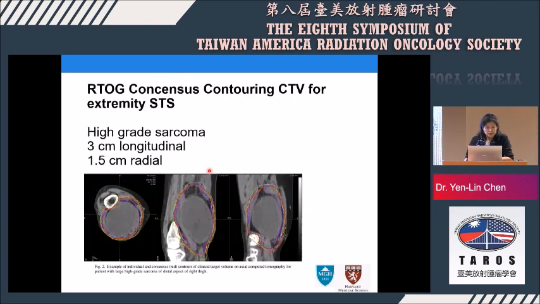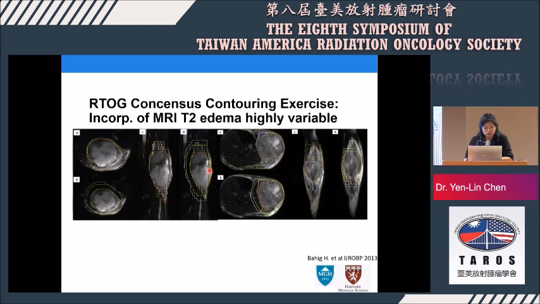All right, and one nice thing that came out of RTOG 0630, which we think of as our contemporary IGRT, modern margin, preoperative extremity sarcoma trial, was also a series of consensus atlases put together by sarcoma radiation oncologists, developing a consensus on how to contour the CTV itself and how to account for T2 edema in the CTV.